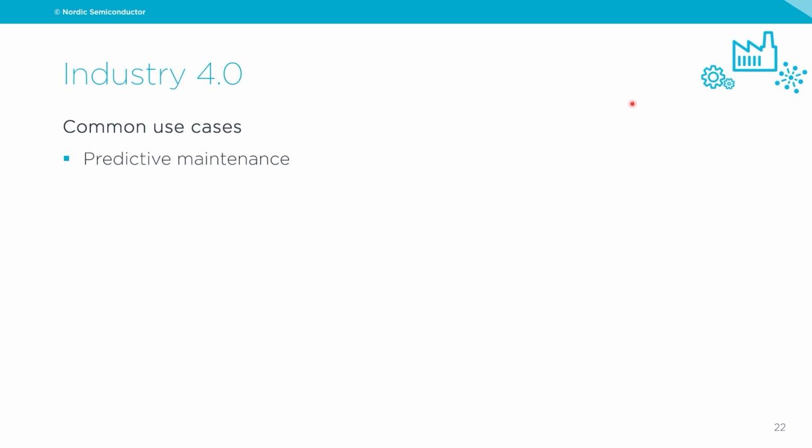So the device that you have attached to your equipment will be able to predict when the equipment starts to shift into an operation spectrum where you might start to see issues, and therefore you might want to maintain it before those issues arise. If you're thinking about, for example, a production line, you definitely don't want that to go offline. So you want to maintain your equipment to make sure of continuous operation.